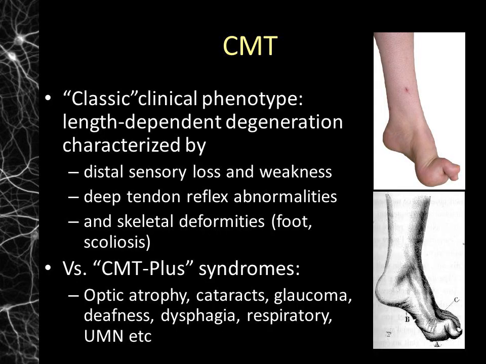CMT classic clinical phenotype: length-dependent degeneration characterized by distal sensory loss and weakness, deep tendon reflex abnormalities, and skeletal deformities, foot, scoliosis, versus CMT plus syndromes: optic atrophy, cataracts, glaucoma, deafness, dysphagia, respiratory, UMN, etc.